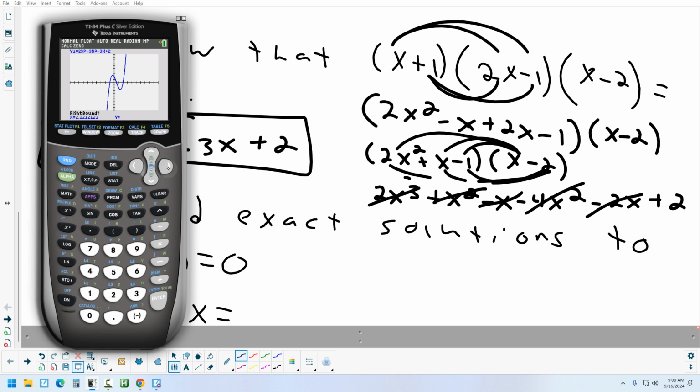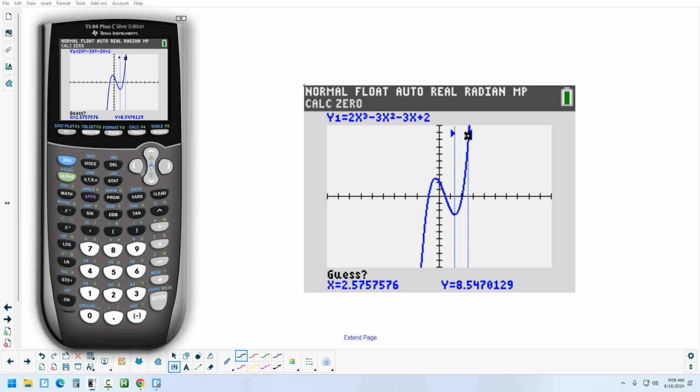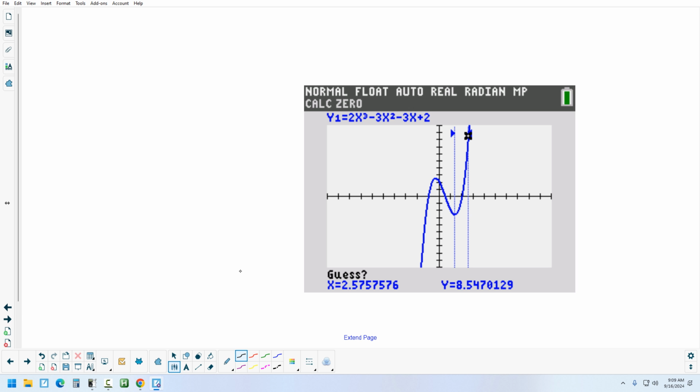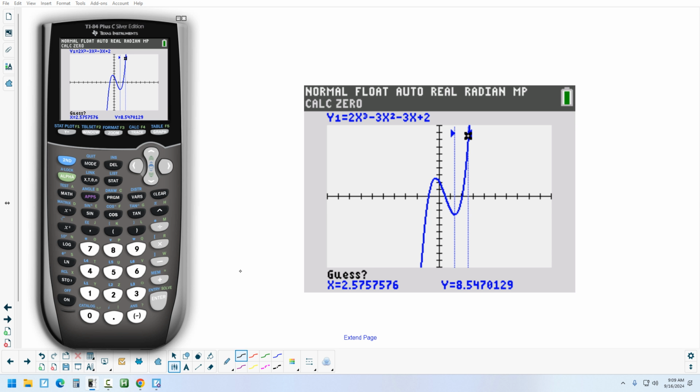Pick a point that you know, if I hit enter right now, it's to the right of the 0. Okay, so what I've basically done is I gave it an area that it's going to look in. It's going to look between those 2 dotted lines, and it's going to try to find where it crosses the x-axis. Does it cross the x-axis more than once in between those dotted lines?